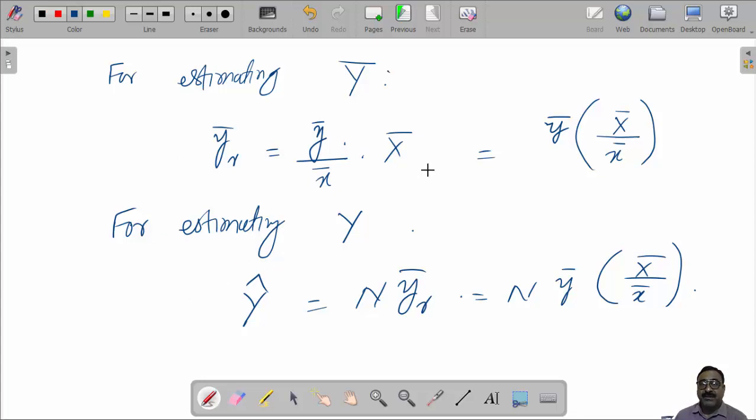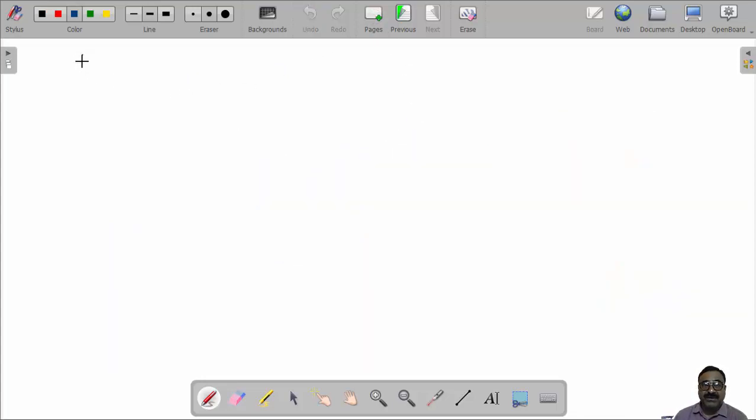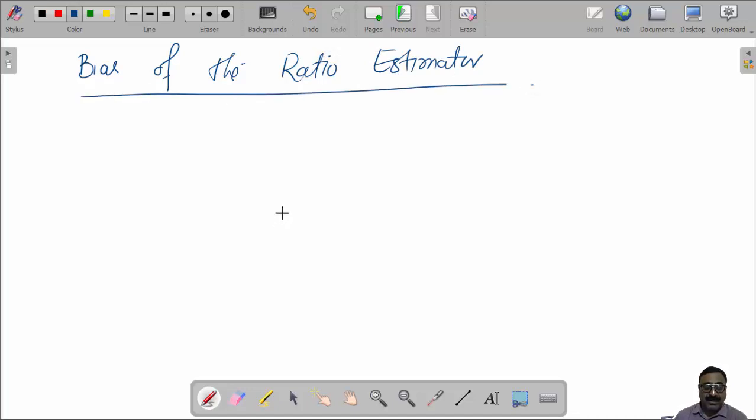Now we have to find the bias of the ratio estimator. We have the ratio estimator for estimating the population mean Y bar, which is equal to y bar into capital X bar by small x bar.